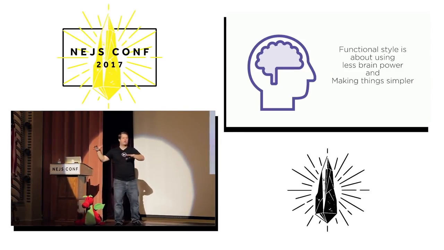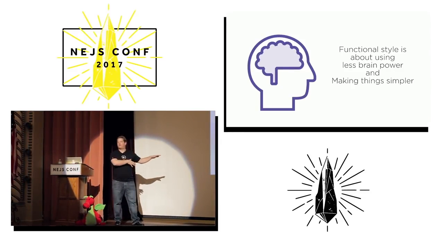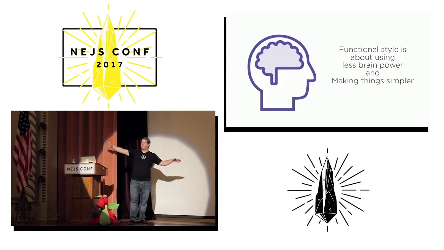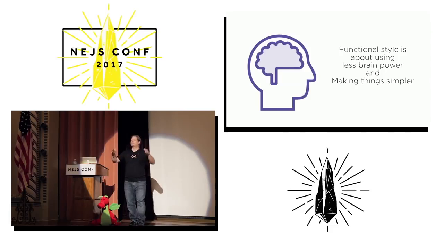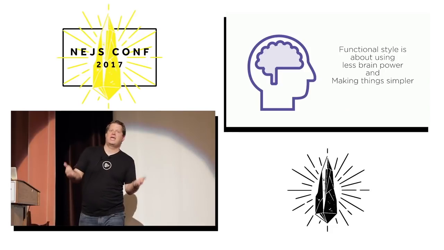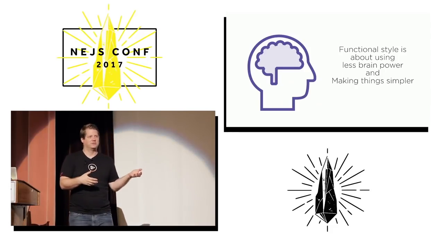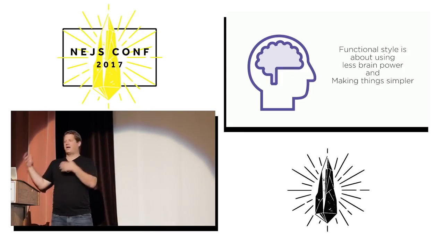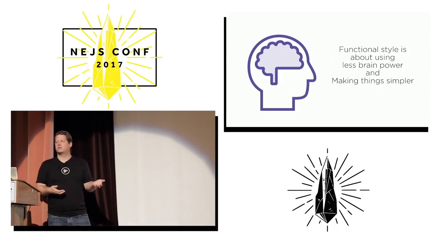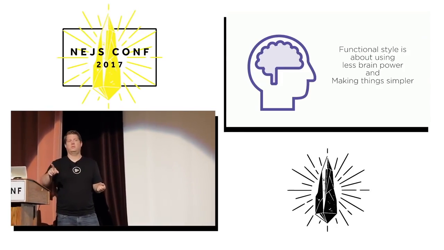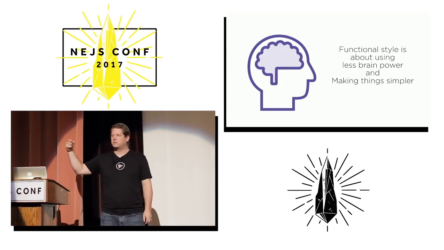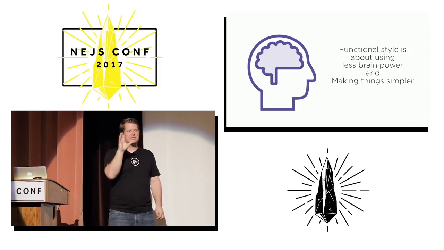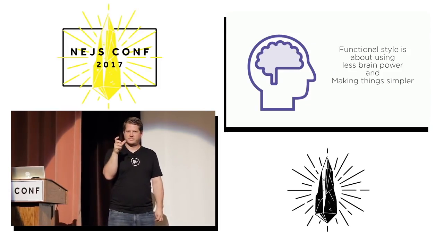I need to kill everything that I have, and now everything has to be immutable, everything has to be pure functions, because it's not possible. You can't write a web application in JavaScript that's purely functional. What you can do is start taking these little building blocks of your code and start applying this functional style.